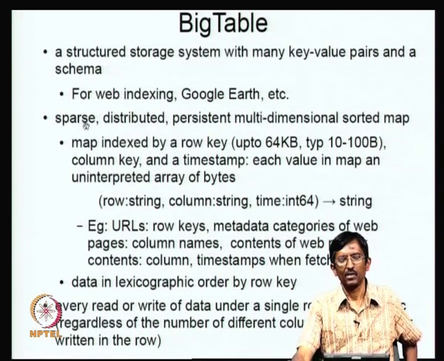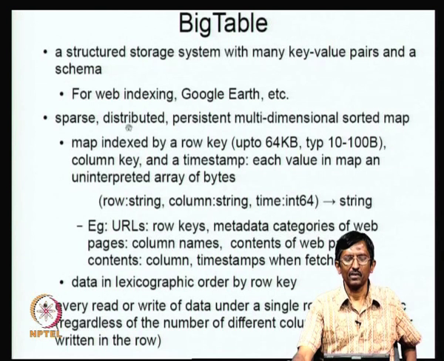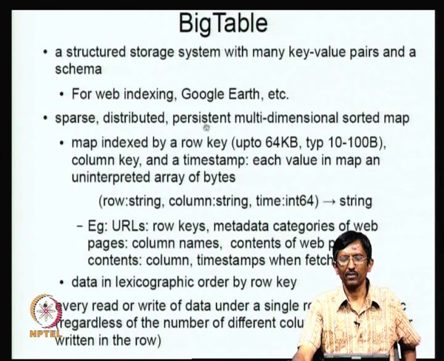Essentially this is what is often called a key value store. You have a key, you give the key and look up the table. It is persistent, which means that once you collect enough data in these tables, you can make it persistent, and it finally is going to be stored by the Google file system.